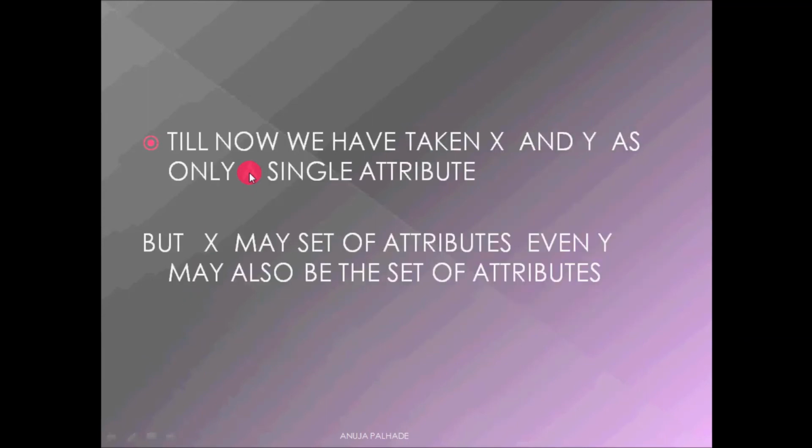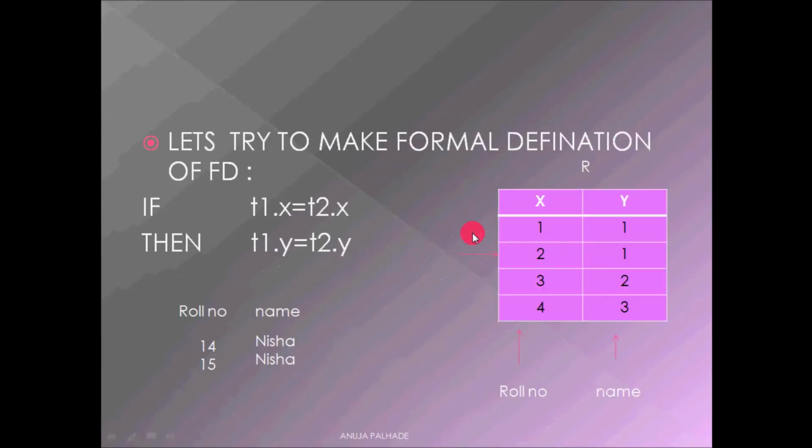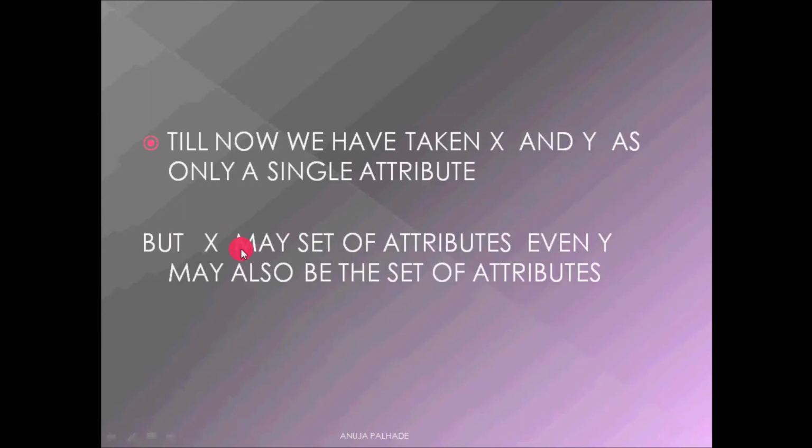Getting it? Till now, we have taken x and y as only single attributes. Whatever we have used here are only single attributes. But this is very important, so listen carefully: x may be a set of attributes, and even y may be a set of attributes.